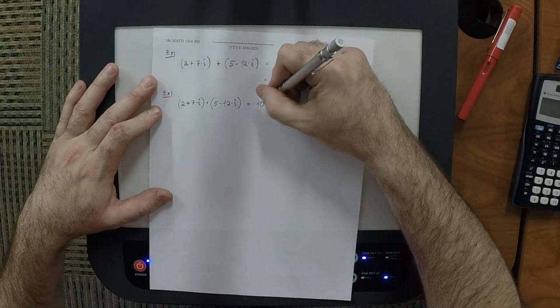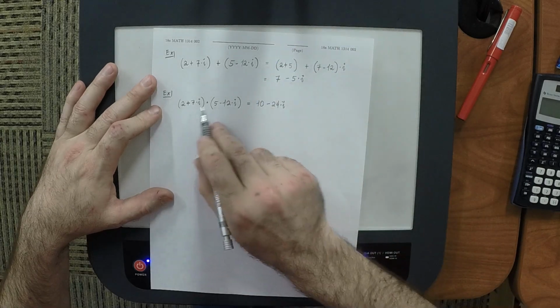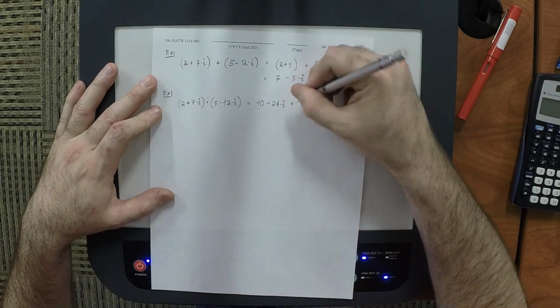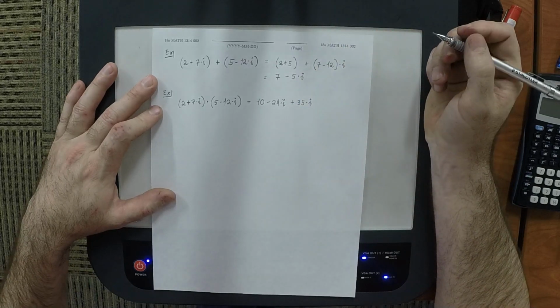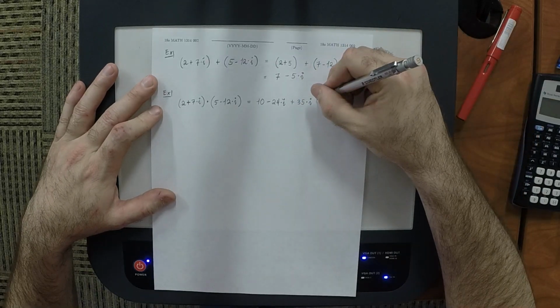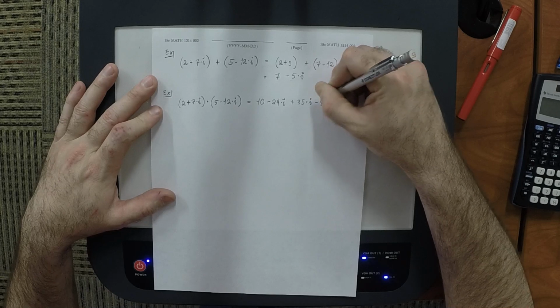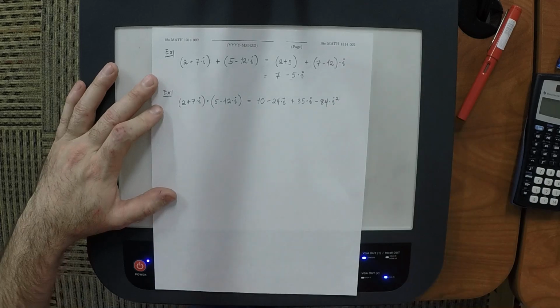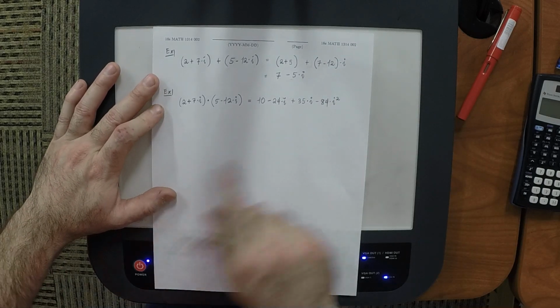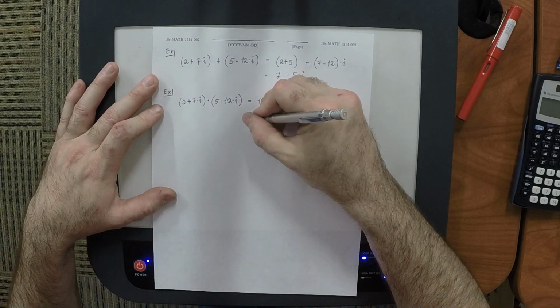The I term would be 35i. And then the L term would be minus 84i squared. So now the terms in the middle, I'll collect them.